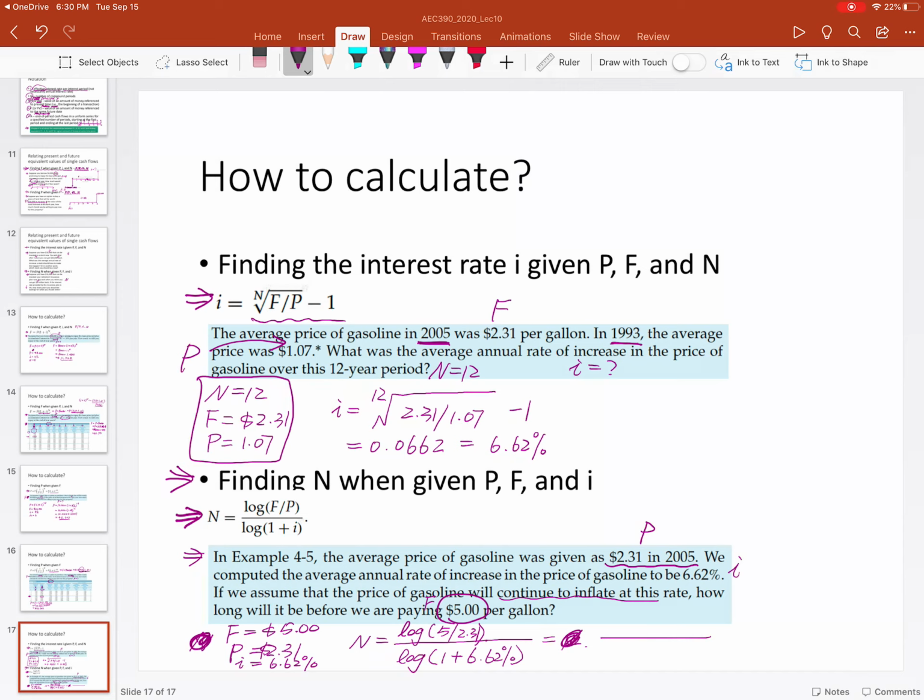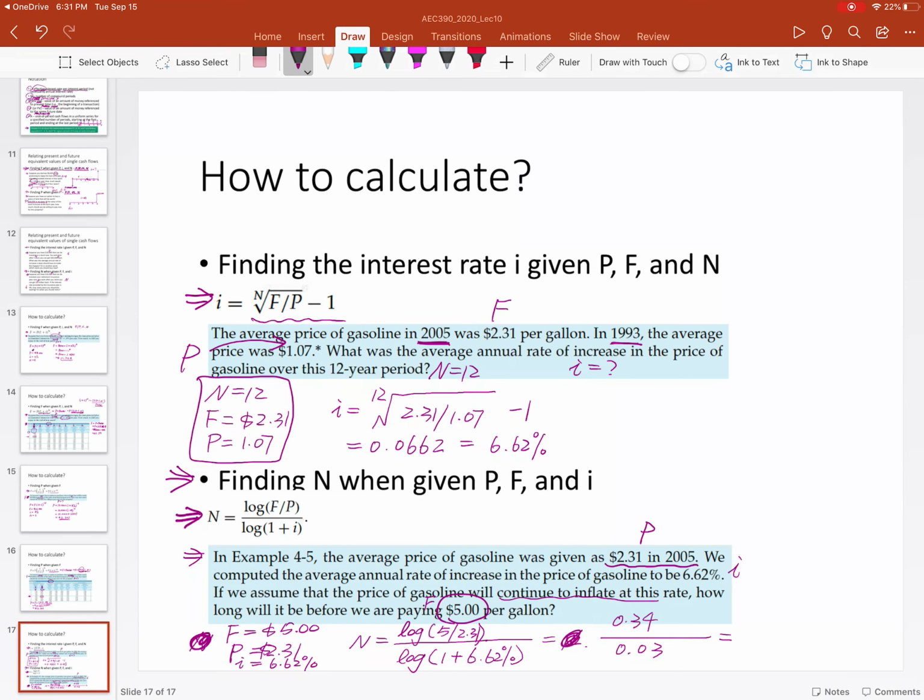Log of 5 over 2.3, that is 0.34, and then we calculate log of 1 plus 0.0662, that is 0.03.